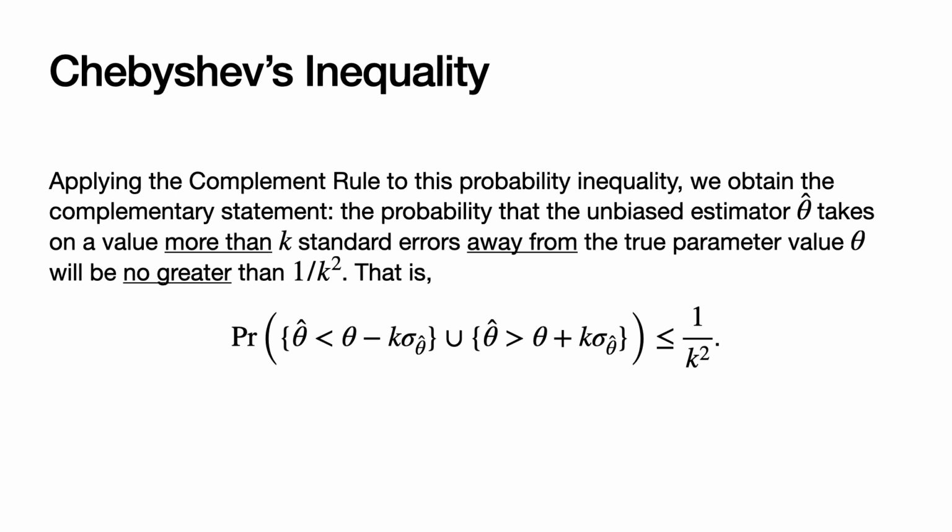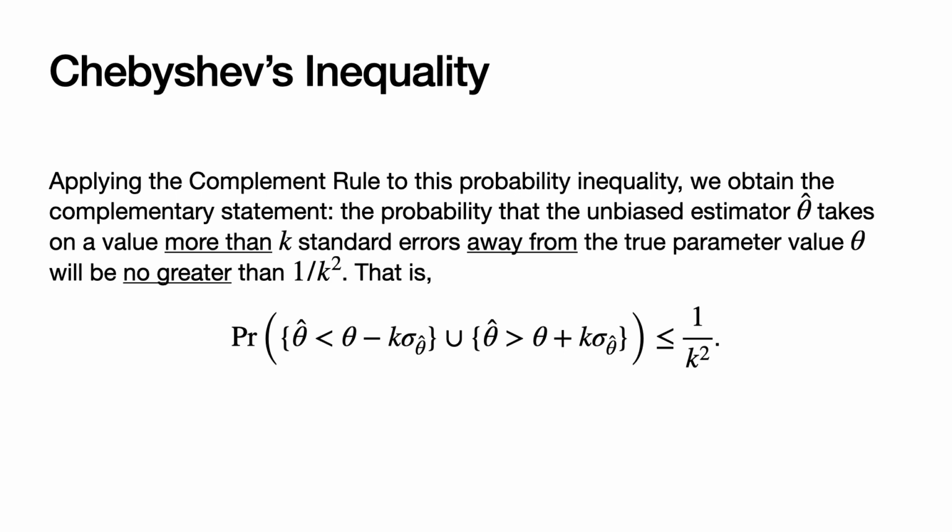Applying the complement rule to this probability inequality, we obtain the complementary statement. The probability that the unbiased estimator theta hat takes on a value more than k standard errors away from the true parameter value theta will be no greater than 1 over k squared.